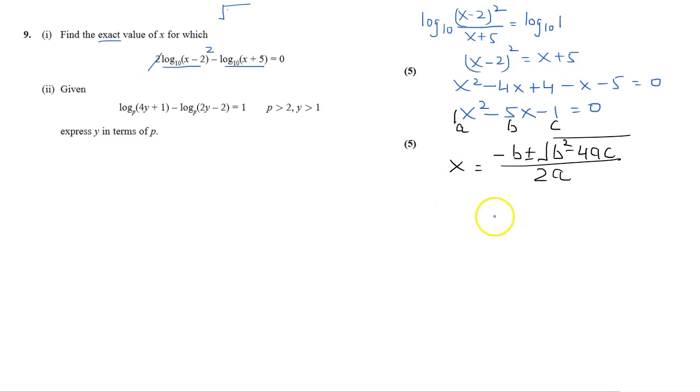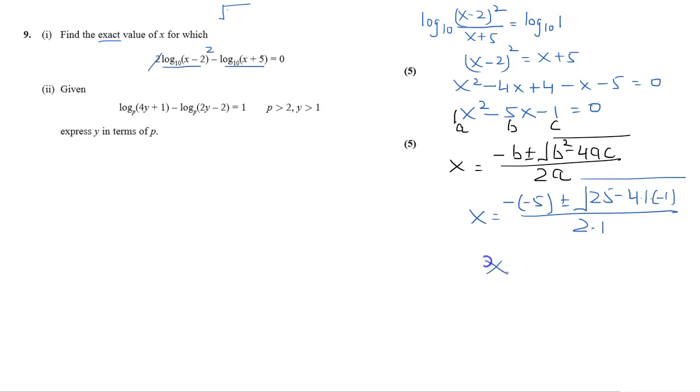So x is equal to minus b is minus 5 plus minus 5 square is 25 minus 4, a is 1 and c is negative 1, over 2a is 1.